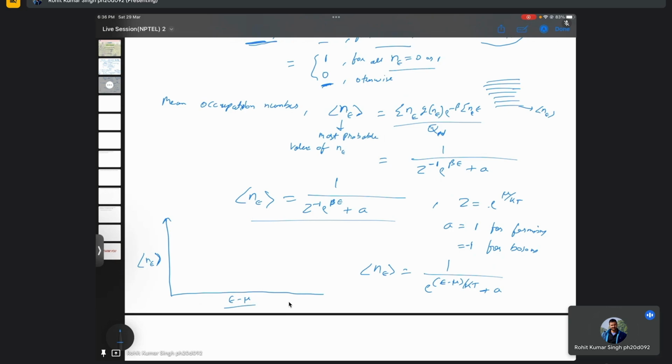So on the x-axis we take this value, which is simply e to the x plus A, where this is x. Now what happens for the fermionic case? For fermions A is equal to 1, right? So for fermions this is just 1 over e to the x plus 1, right?